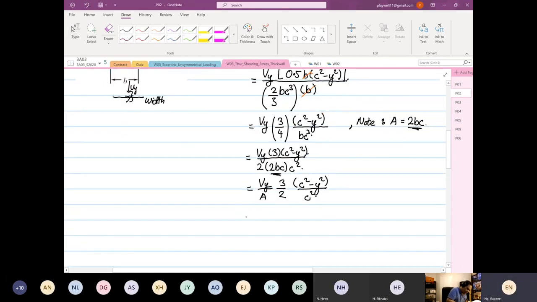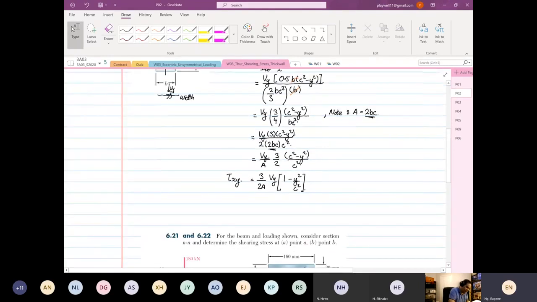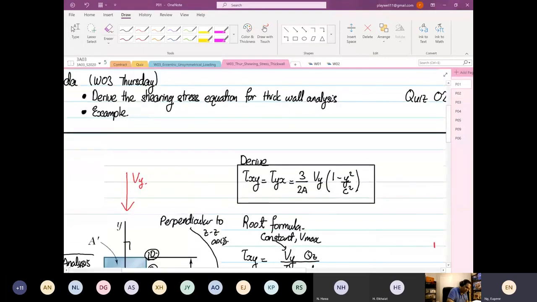Finally, the shear xy is equal to 3 over 2A Vy times 1 minus Y squared over C squared. This is the expression that we derived, like what I showed earlier.